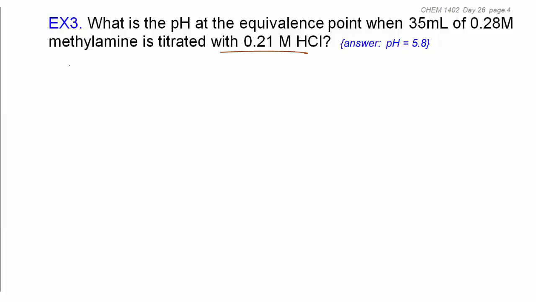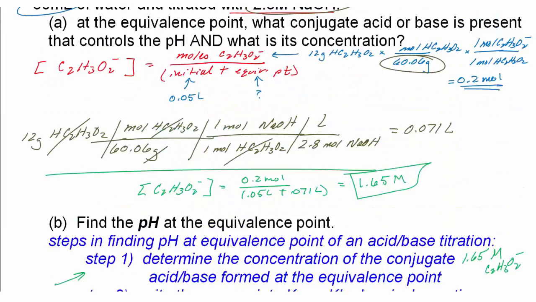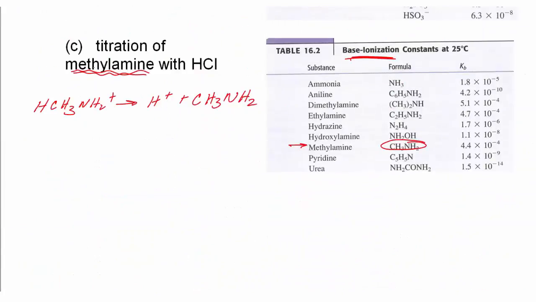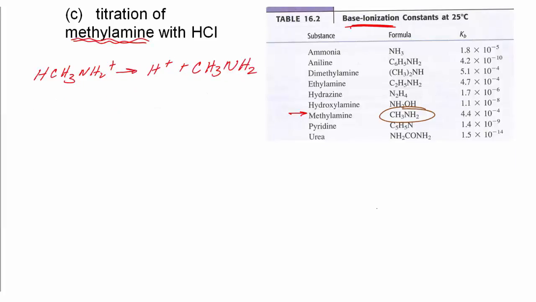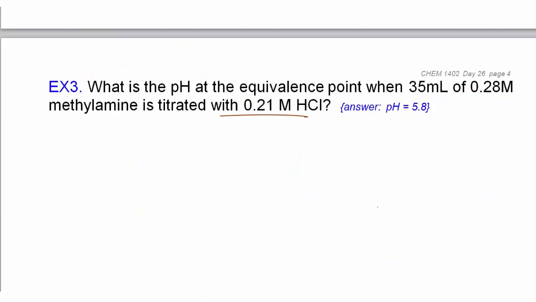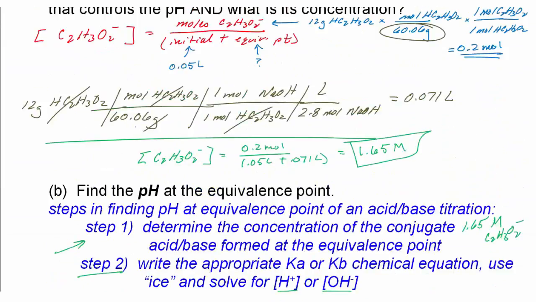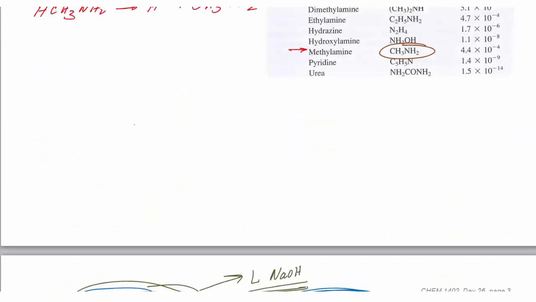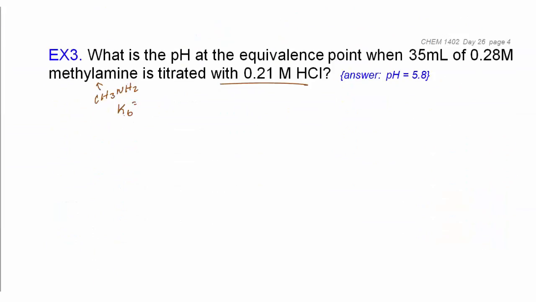We have methylamine. Do you remember what that was? Go back up into our table. CH3NH2 is methylamine. And it had a Kb. Well, let's go ahead and write that right away. It had a Kb of 4.4 times 10 to the negative 4.